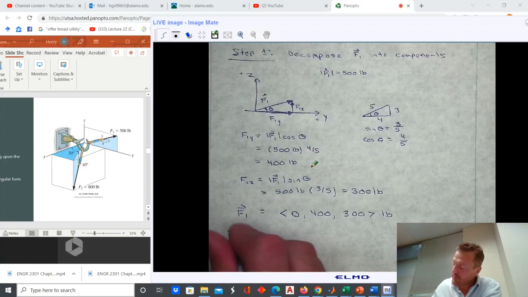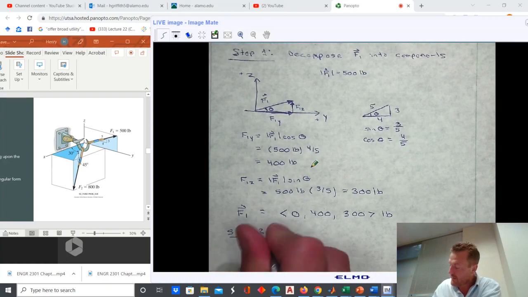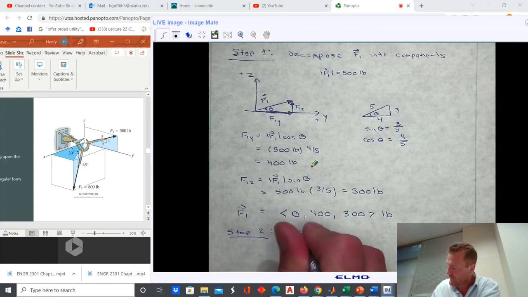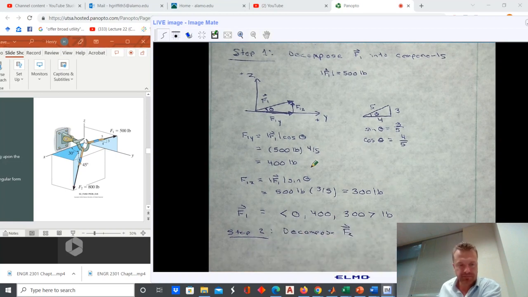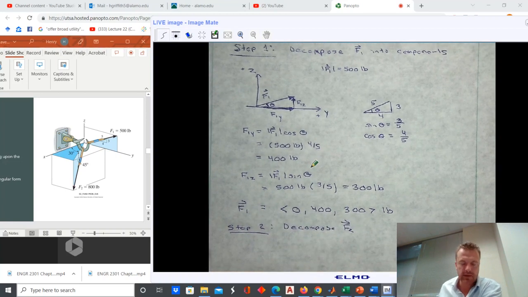So for step 2, I'm going to do the decomposition of F2 into rectangular components. The way that I can do that, if you look at the geometry that you're given, the first triangle that I would start with, and it's always going to be easiest, is to view it as a z component and a projection of that vector into the xy plane.